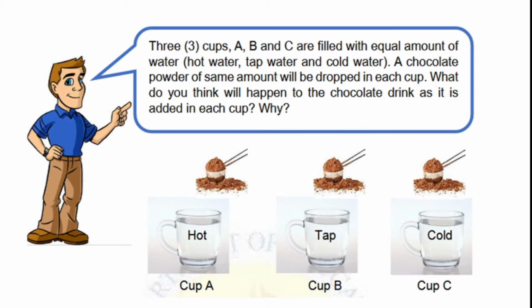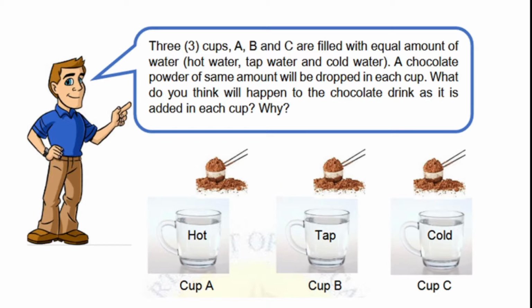Based on your experience and observation, when you make a drink of milk or chocolate powder, what is the best answer? Yes. This one says the chocolate powder will dissolve fastest in hot water and slowest in cold water.